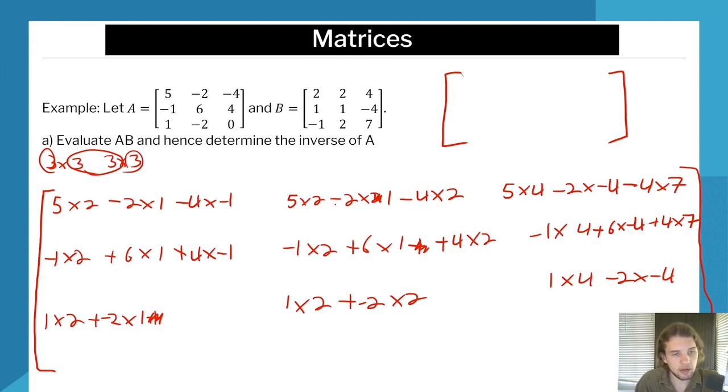5 times 2 is 10, minus 2 plus 4, 12. Then 10 minus 2 minus 8 is 0. We have 20 plus 8 minus 28 is 0. So I'm starting to see a pattern here. We have minus 2 plus 6 minus 4, 0.